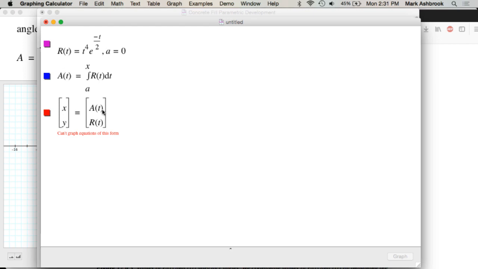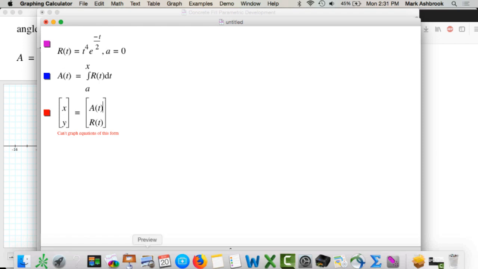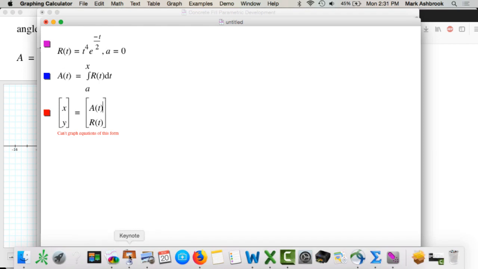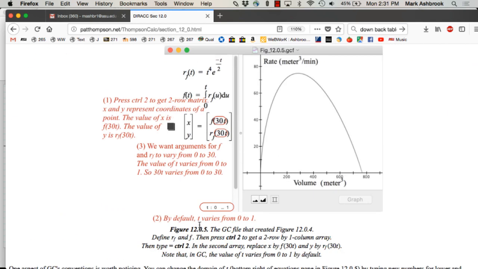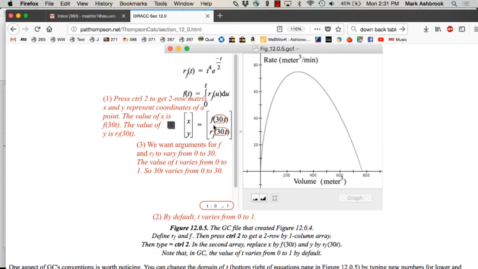So what we're going to do is, why is that not working? Look in the book. Here it shows us how to do it.